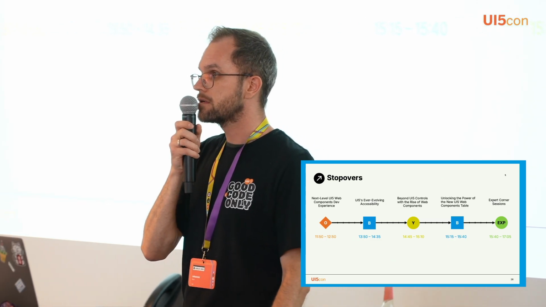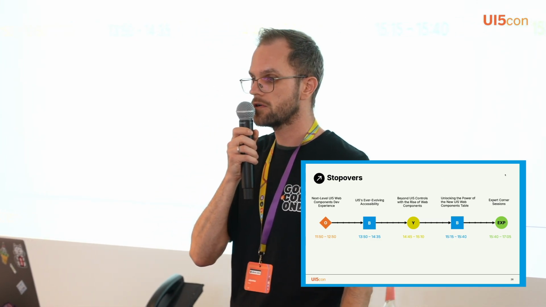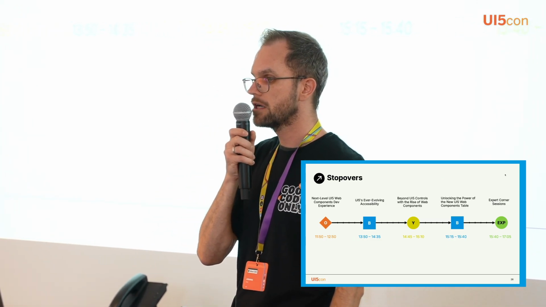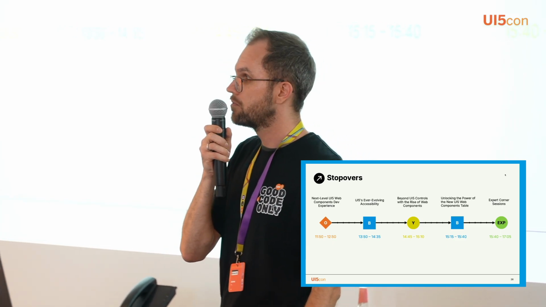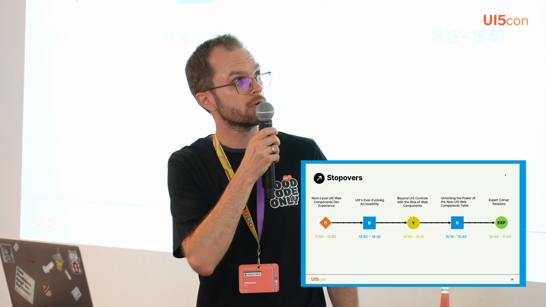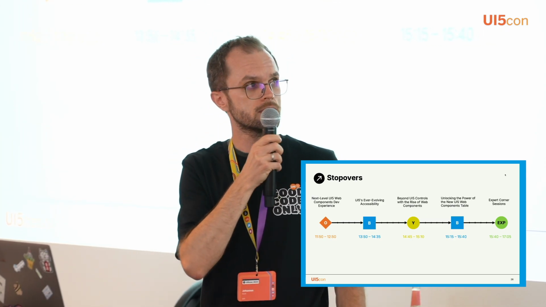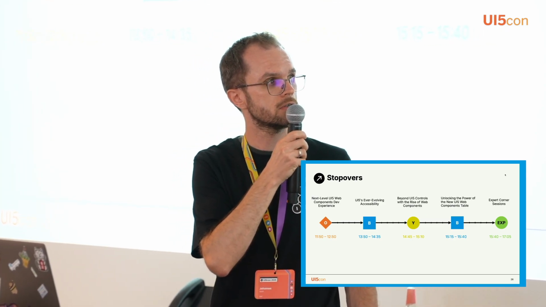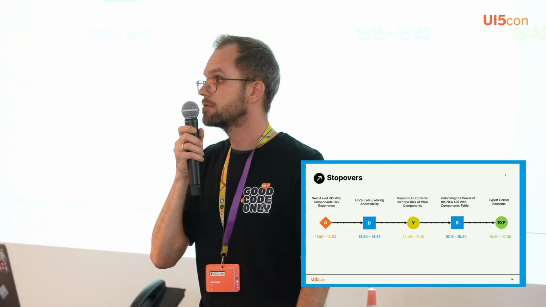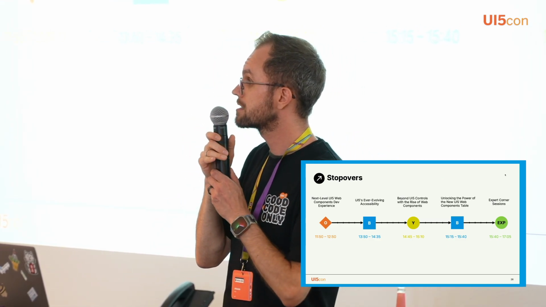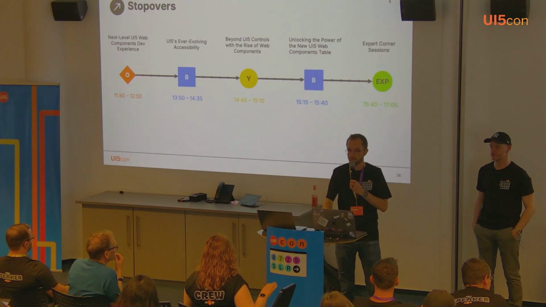And our tables colleagues also have a talk later, showing the new UI5 web components table. And in the end, we are also at the Expert Corner session, together with Ilhan and Naiden, and I guess also with Shahid and Duke, and are happy to answer questions you may have in the sessions.